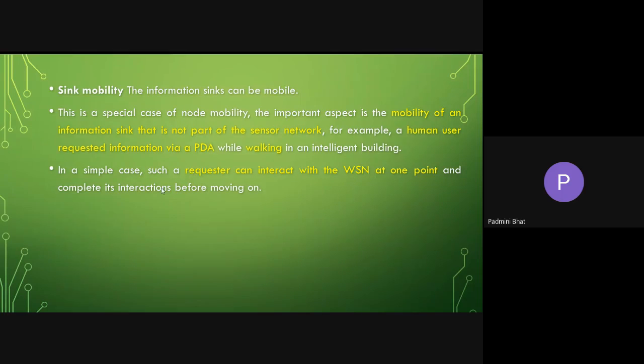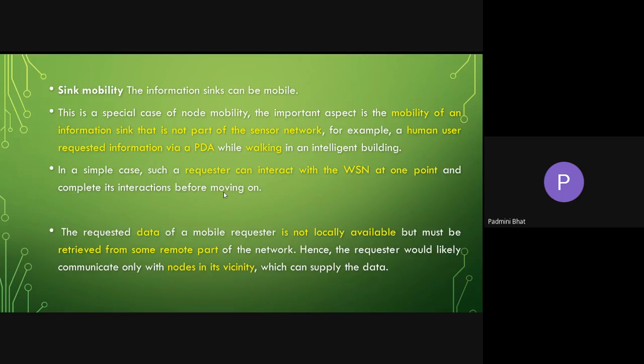Another example is that a requester can interact with the WSN at one point and complete its interaction before moving on, using the intermediate node. The requested data of a mobile requester is not locally available but must be retrieved from some remote part of the network. Hence the requester would likely communicate only with nodes in its vicinity which can supply the data.